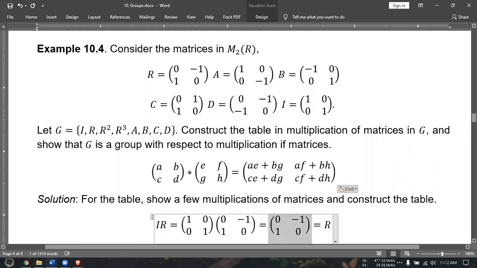AE: 1 times 0 is 0, plus BG: 0 times 1 is 0. So 0 plus 0 will give us 0. Okay. Next.